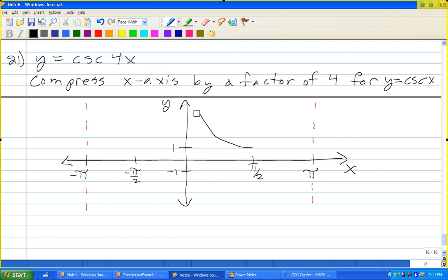Oops, I'm supposed to be doing this in red. And maybe I should really exaggerate how flat it is. So it looks like this, and like this. So this is y equals cosecant x.